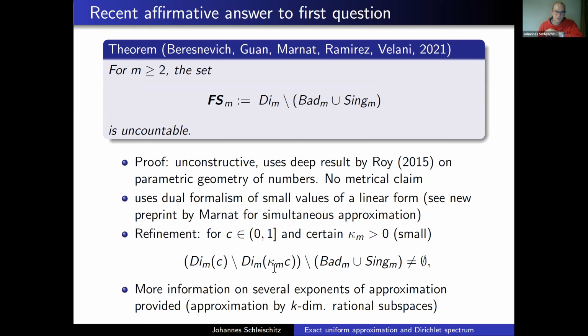Interestingly, it depends on C. I don't get kappa m times C for some kappa, but I have to take C to the power m squared. So my result gets worse when C gets small. My result is better than this one when C is rather close to 1, but it gets worse when C is small. But my question was just about transference.